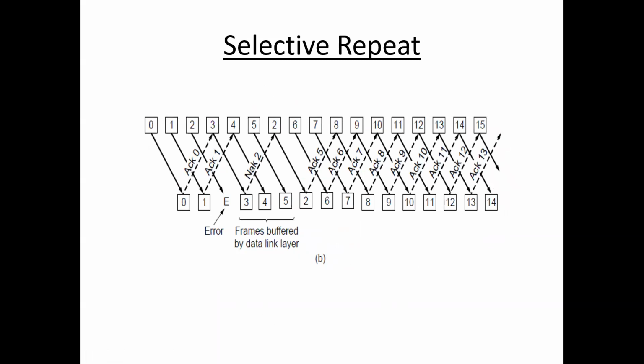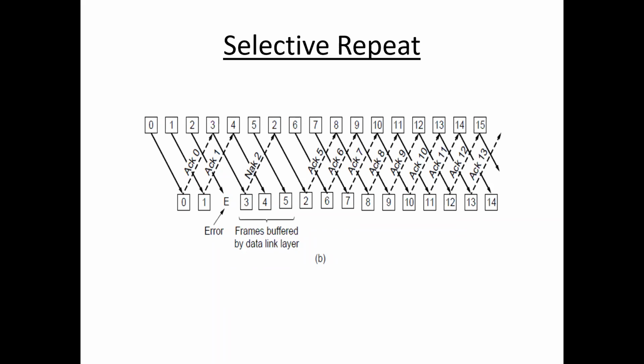Next one is selective repeat. Selective repeat is a data link layer protocol that uses a sliding window method.